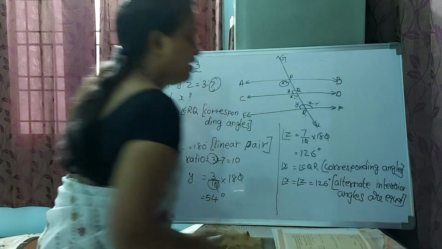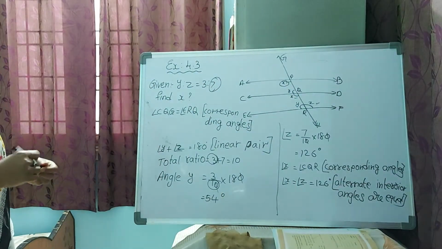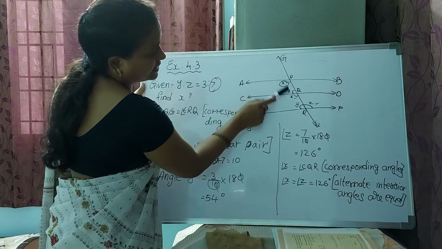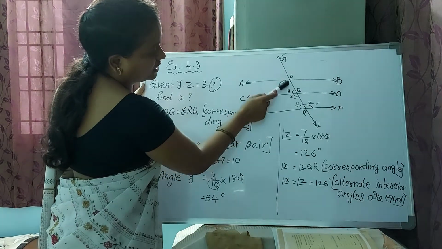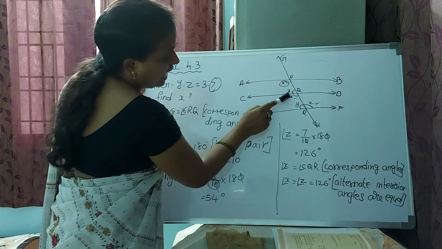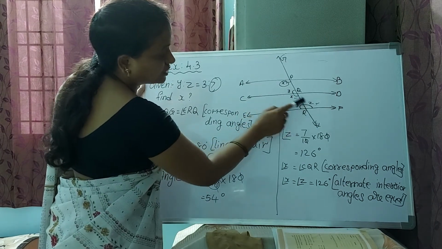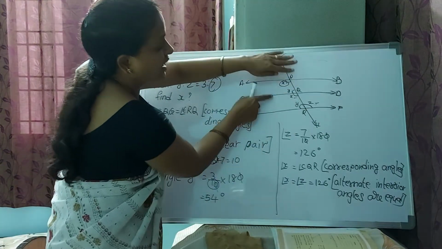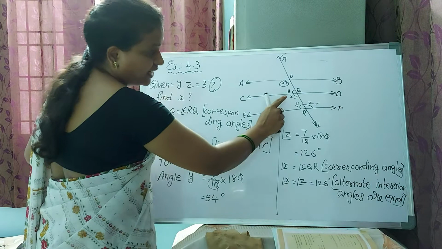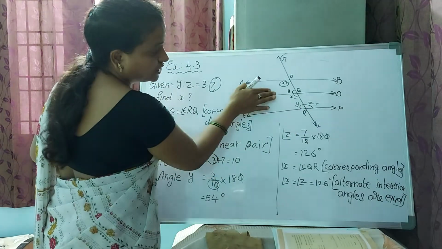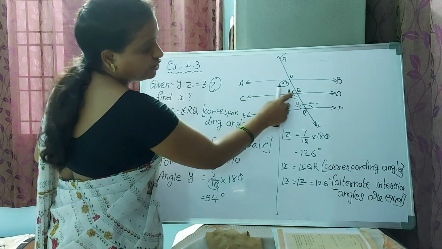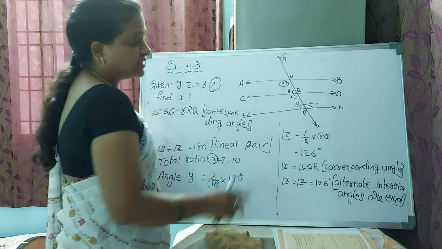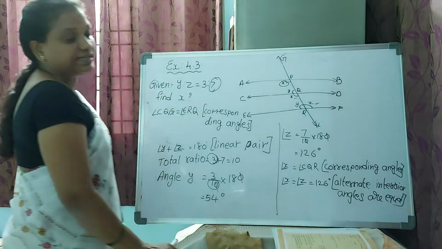So according to this, here angle x, here also angle x, because these two are corresponding angles. Next, angle x is equal to angle z because these two are alternate interior angles. See only these two parallel lines. While comparing x and z, you see only these two parallel lines, then only you can imagine. If you observe this also, you can't imagine that these two are alternate interior angles.